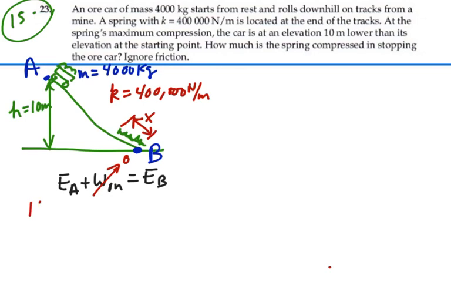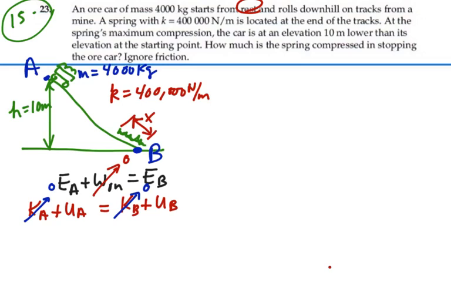So what we have is the kinetic energy at A plus potential energy at A is equal to kinetic energy at B plus potential energy at B. Now the ore car started from rest, and so our kinetic energy at A is going to be 0. And it's going to end up at rest once it compresses that spring, so our kinetic energy at B is going to be 0 as well.